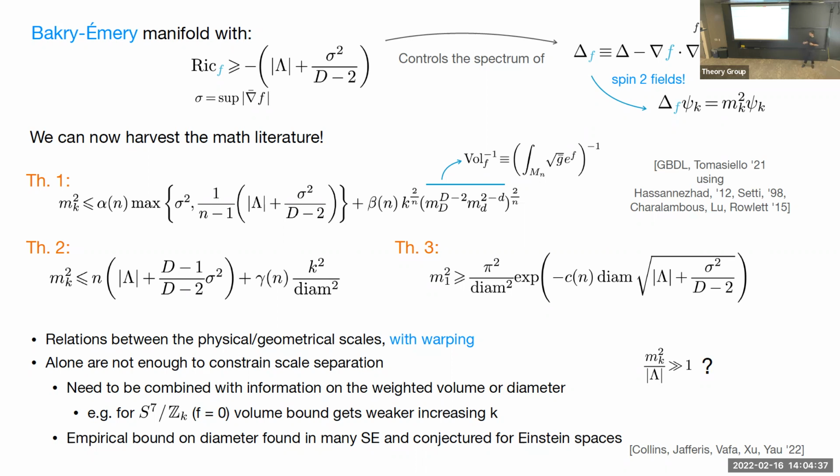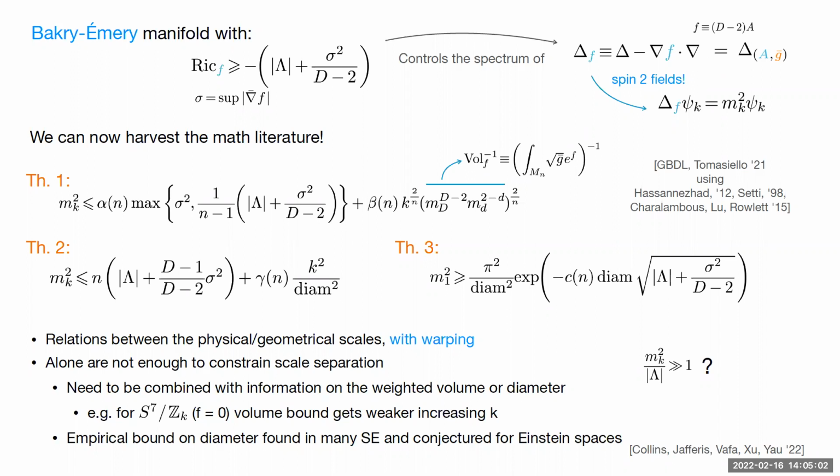And this will go very nicely with these theorems that, however, are much more general, since they work for general solutions of the Einstein equation, not just Einstein spaces. But you can see if you can prove a bound on the diameter, then you have an upper bound, say, on the Kaluza-Klein scale.